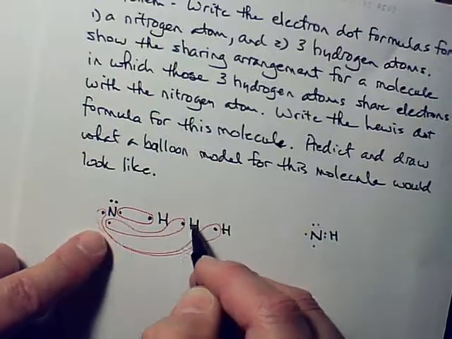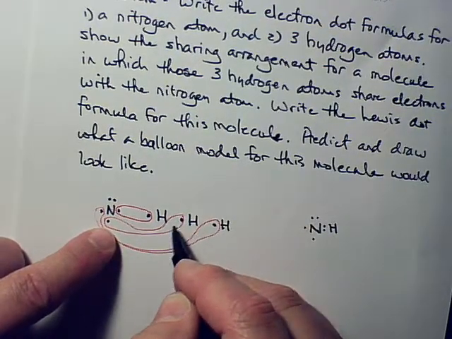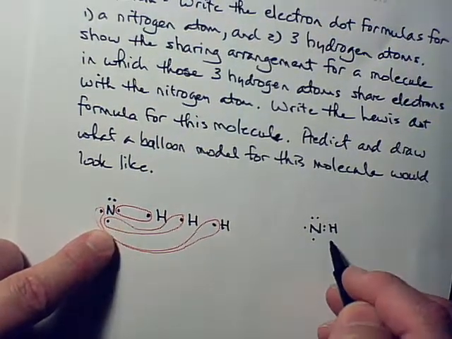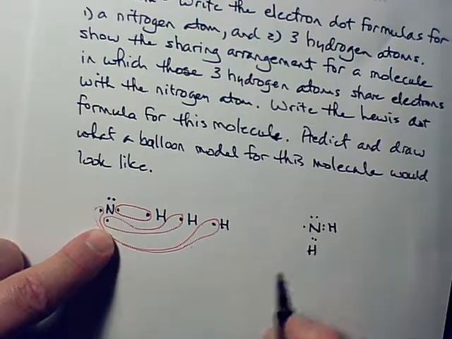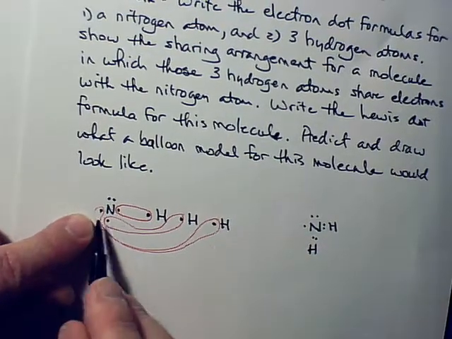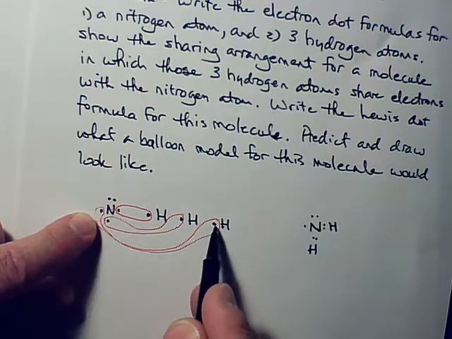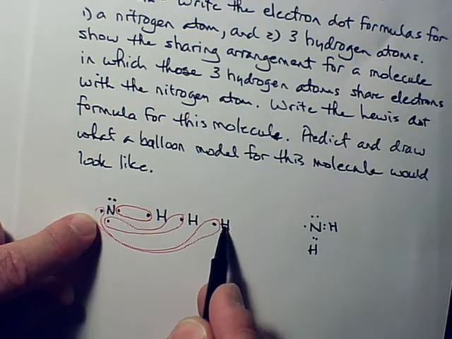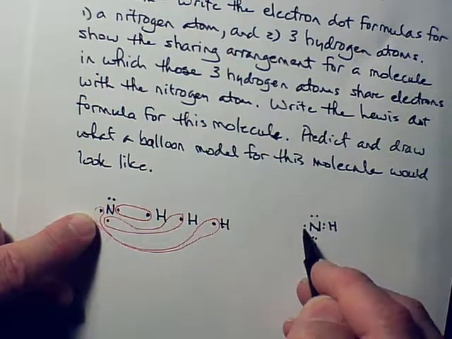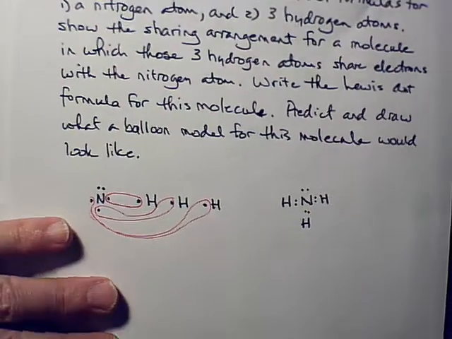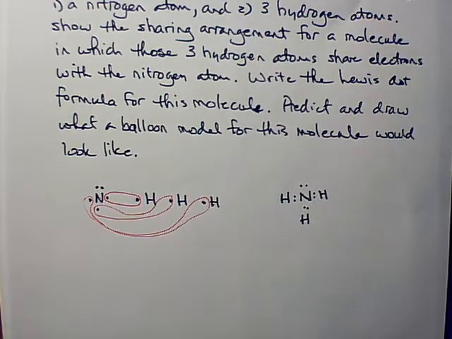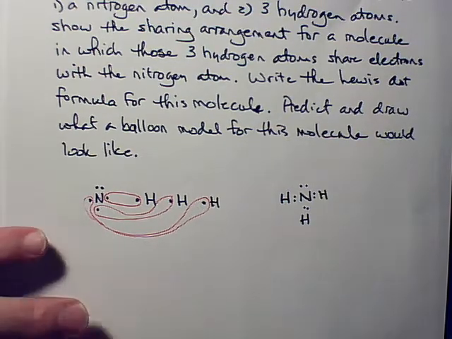So down here at the bottom, we're going to squeeze these 2 electrons in between a nitrogen and a hydrogen. And over here on this side, this electron here gets squeezed between the symbol for hydrogen and nitrogen, and it looks like this. That makes sense to everybody? Okay, I don't see anybody saying no.